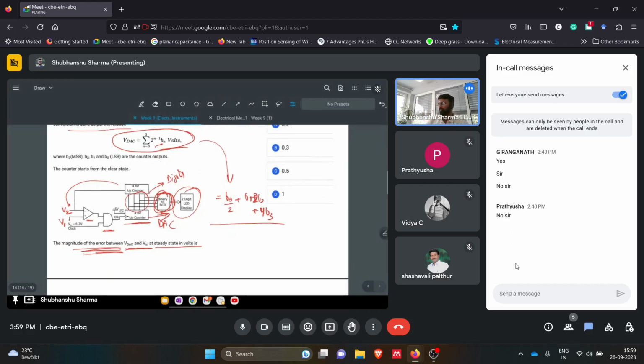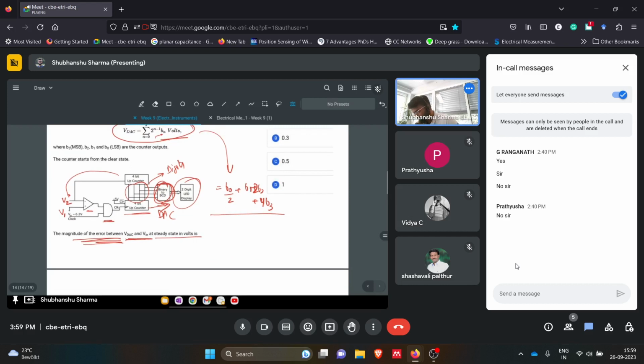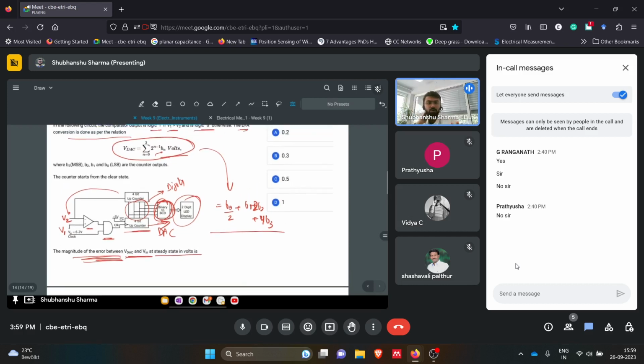How will you approach this? You have to see when this clock will become zero, so that this 4-bit up counter will stop. If it stops, obviously it will stop the conversion, and that will be the steady state value.